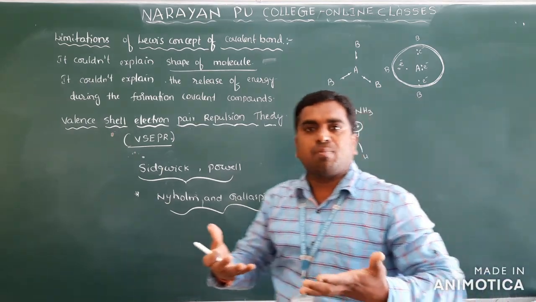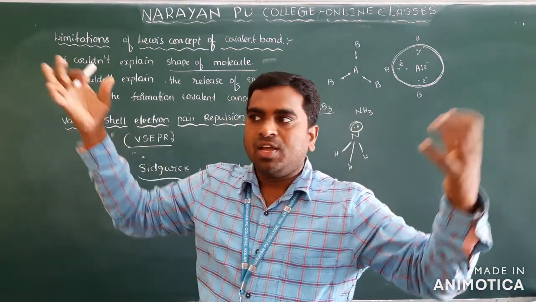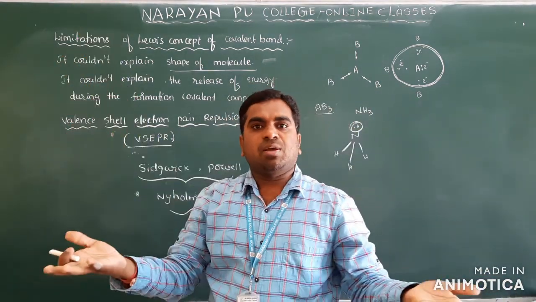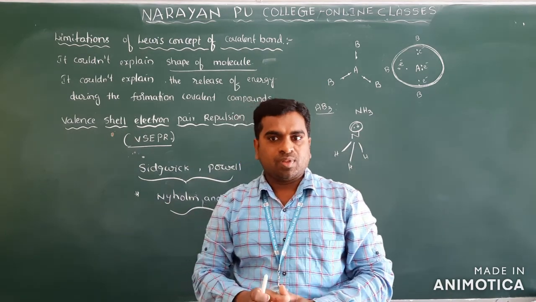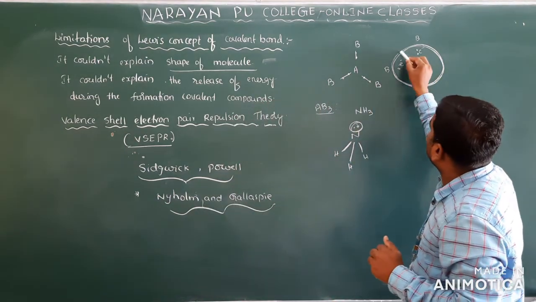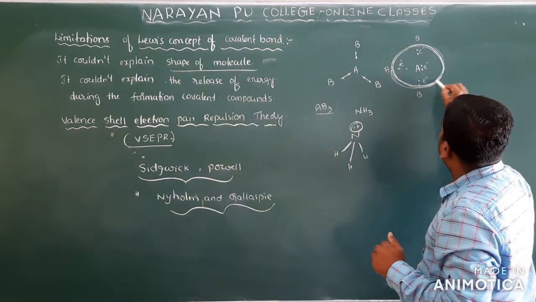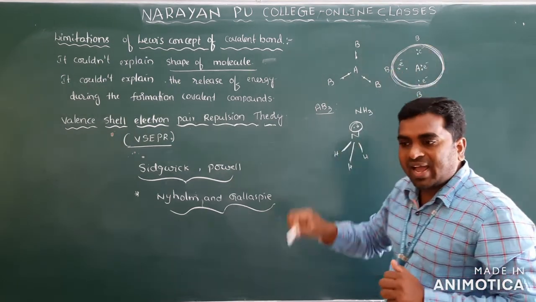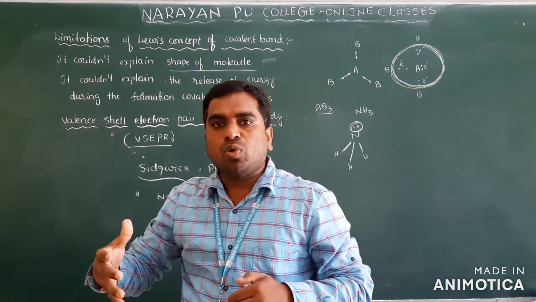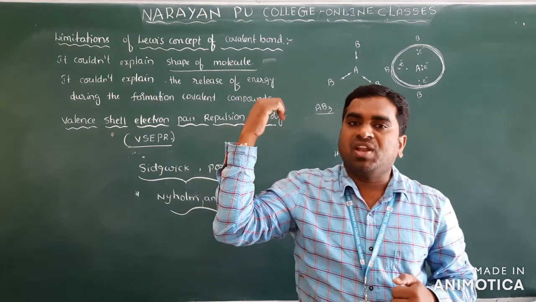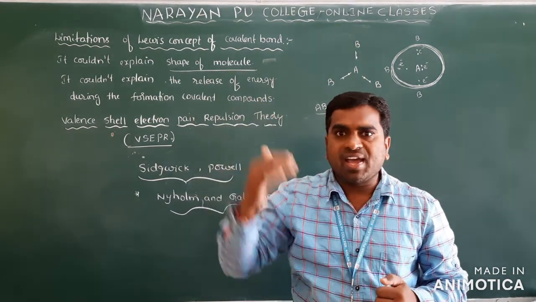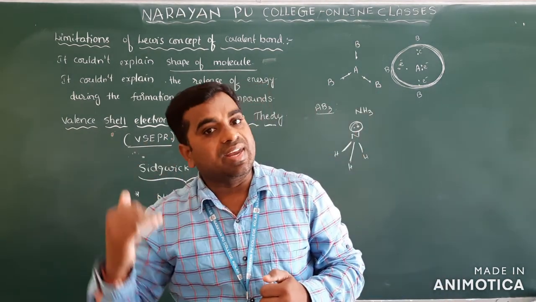When repulsions are more, the energy will be very high, and if the energy is very high, the stability will be very low. So due to the electron pairs around the central atom, the molecule has very high energy, and the stability decreases.